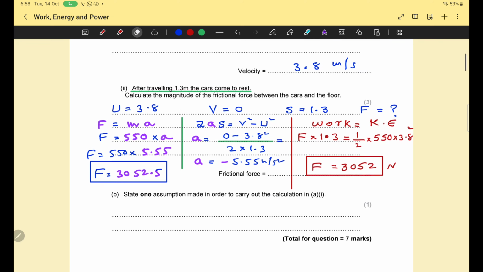And now the next part of the question, which is 1 mark question, state one assumption made in order to carry out calculation.